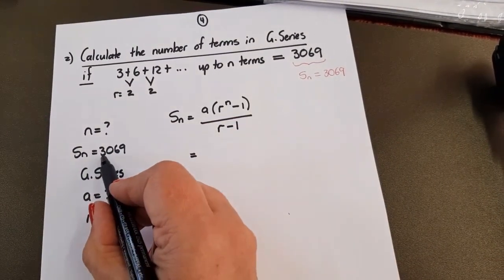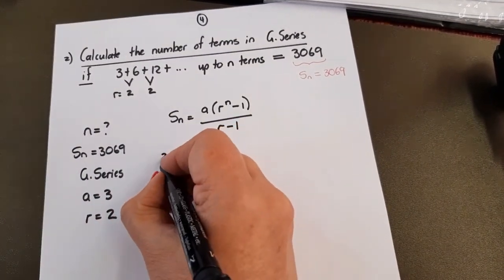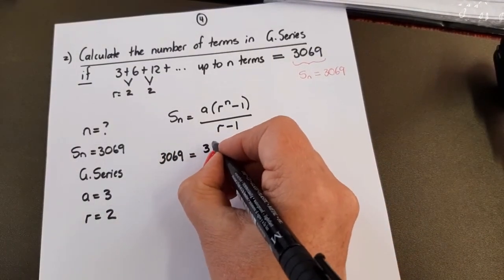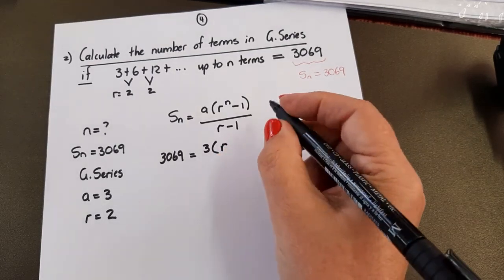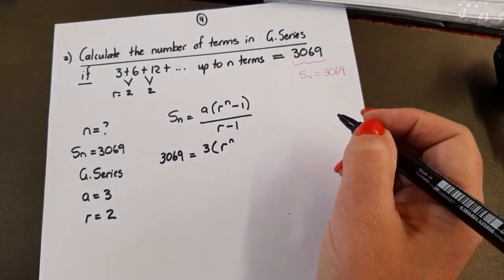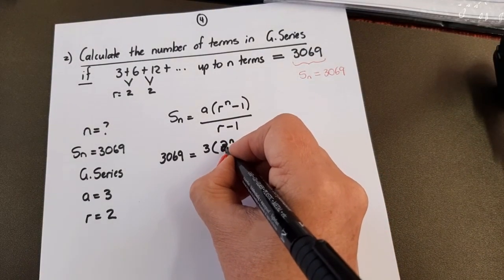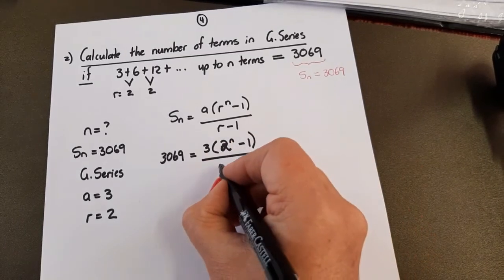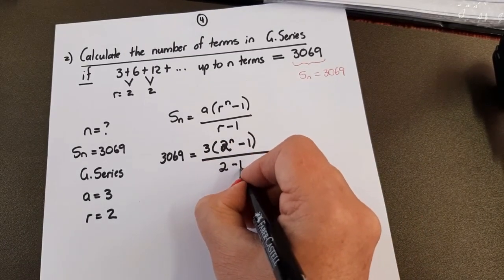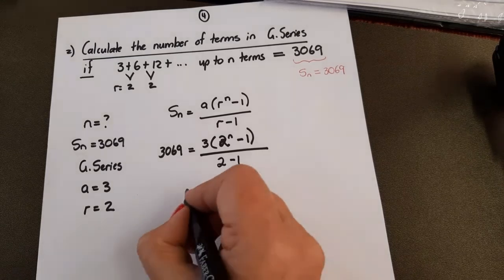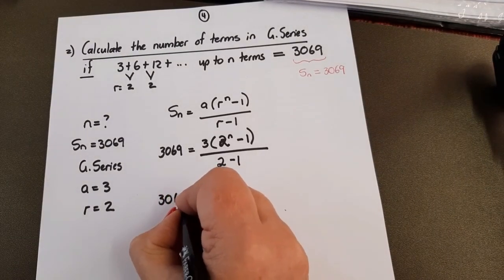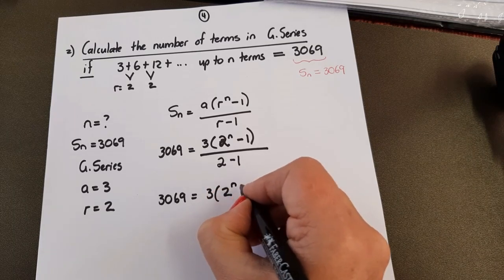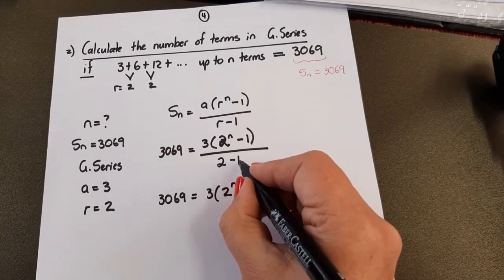Sn has a value of 3069, so I can write it here. a is 3, r is 2, I have to work out the n, here must be a 2, minus 1, over r is 2, minus 1. Let's simplify. 3 times 2 to the power of n minus 1. 2 minus 1 is 1.